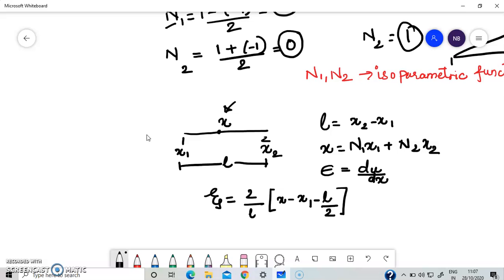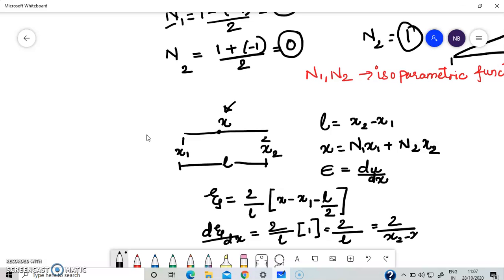Now if we differentiate this with respect to x, we get d zeta by dx equals 2 by L. L can be written as x2 minus x1.